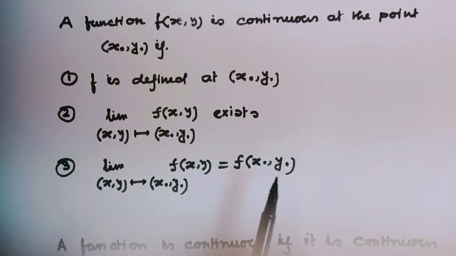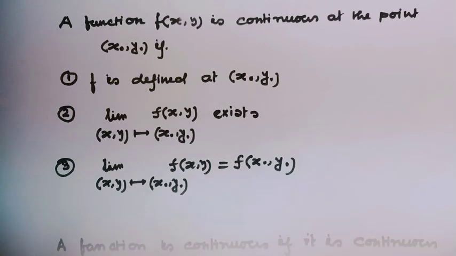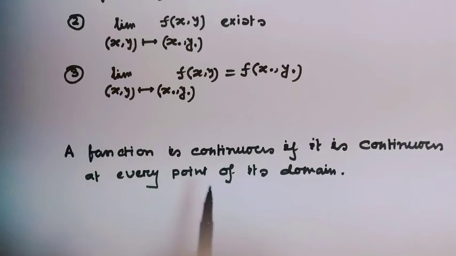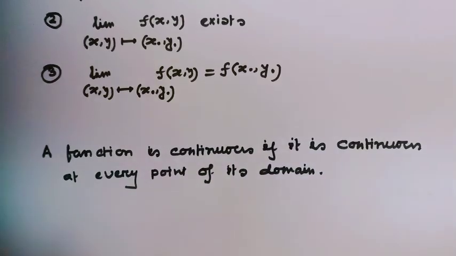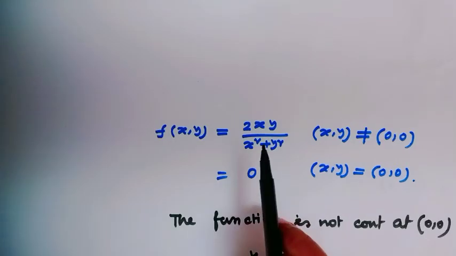Okay, this is the definition of continuity in two variables. Are you getting my point? Alright. And a function is continuous if it is continuous at every point of its domain. Okay. See one example.